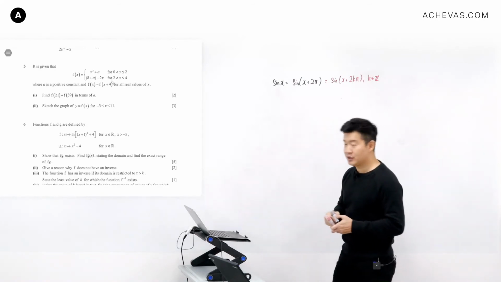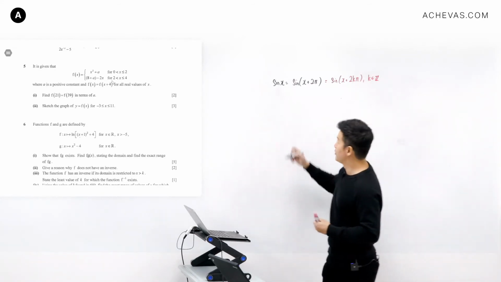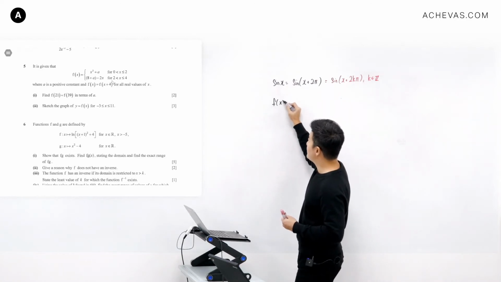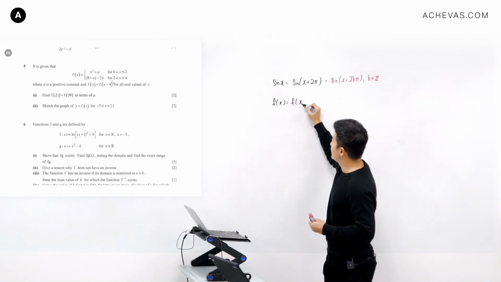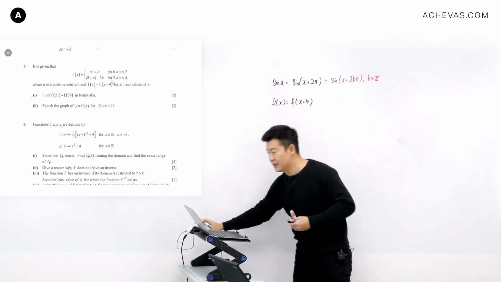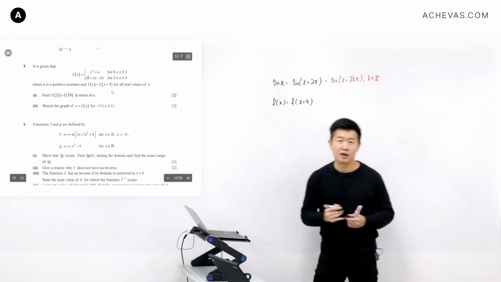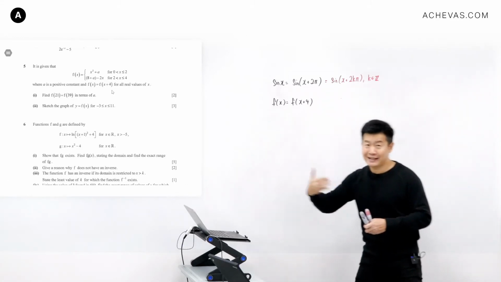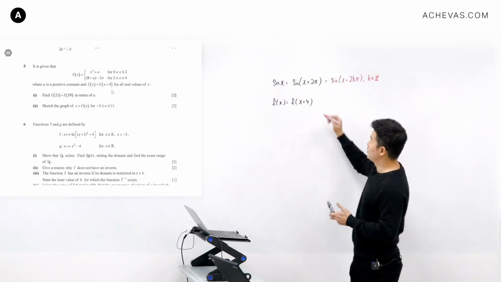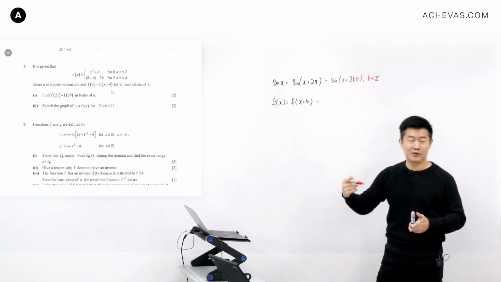And now in this question, what is the difference? It is still a periodic function. It's just that the period is given to us on the spot. According to the question, f of x is equal to f of x plus 4. So what is the period? The period is 4. And we can extend this, definitely. It is not just 4, because every time I plus minus 4, it's going to be the same thing.